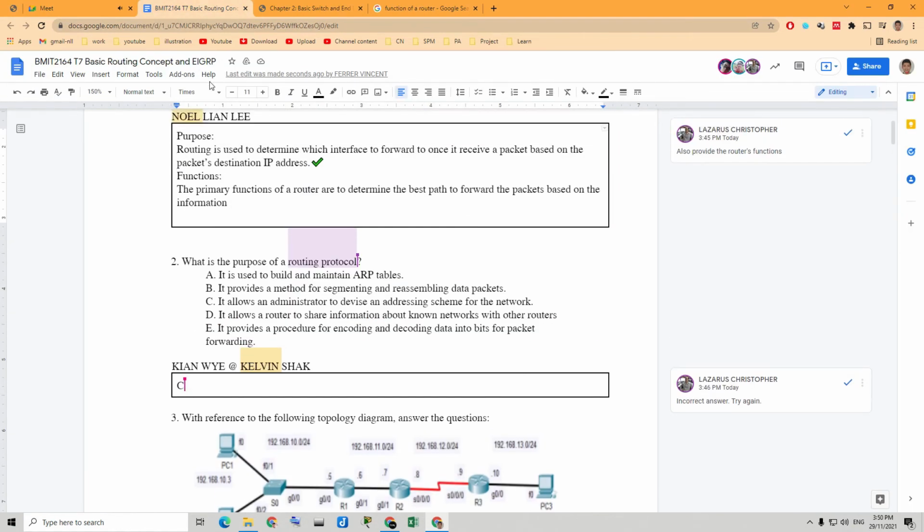They just figure it out themselves, but how do they figure it out themselves? Need to share information. To share information. Yes, correct.